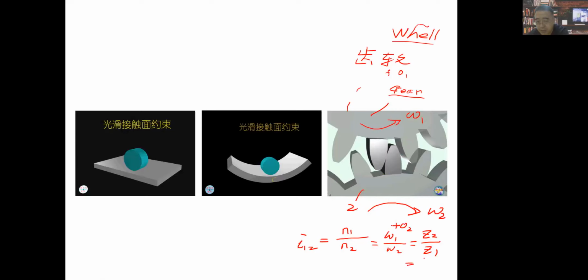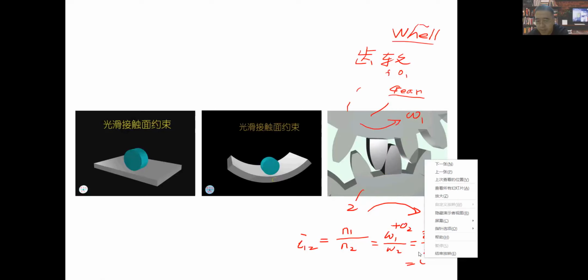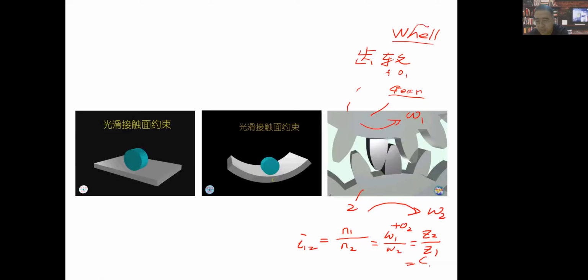So this ratio will always be a constant. So that's the big typical characteristic of this kind of mechanism. This is a very important transmission device in our machines, you know, we call that.